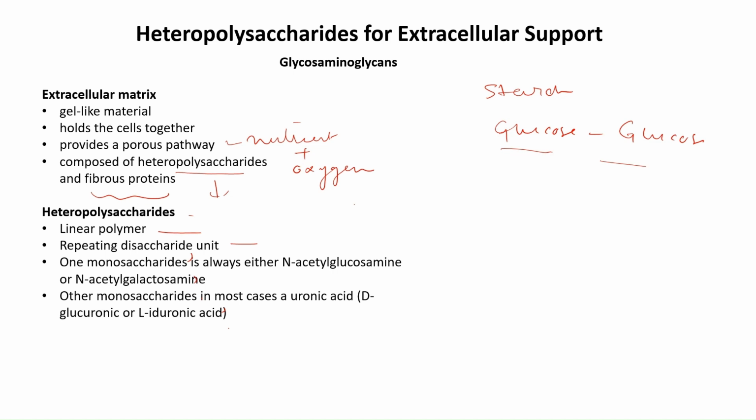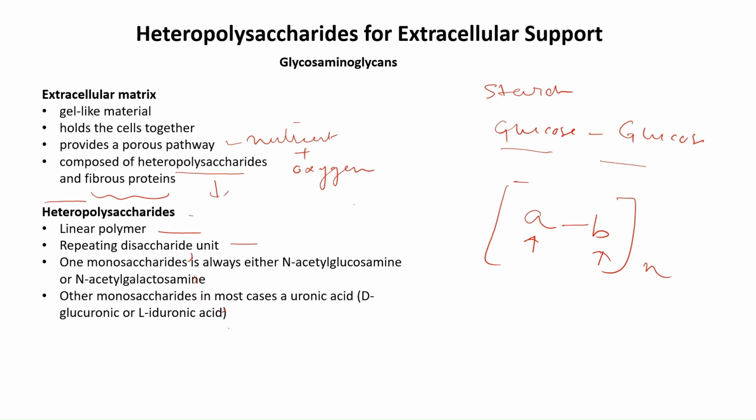But in case of heteropolysaccharides, hetero means not same. So two different monosaccharides constitute one disaccharide. For example, A and B. This is one monosaccharide, this is another monosaccharide. Together it's a disaccharide. So this unit is repeated multiple times in a heteropolysaccharide.